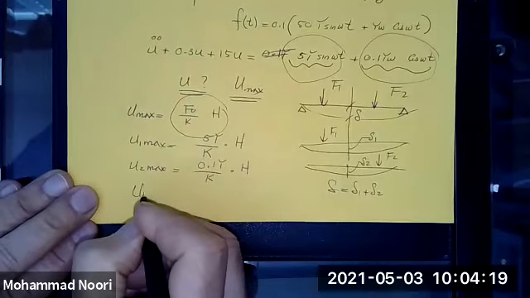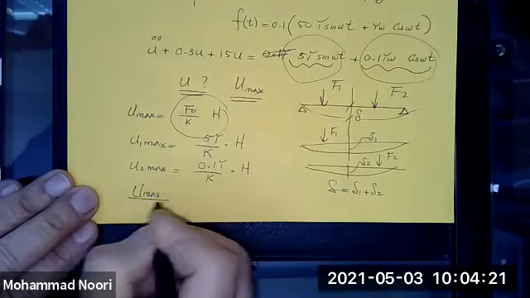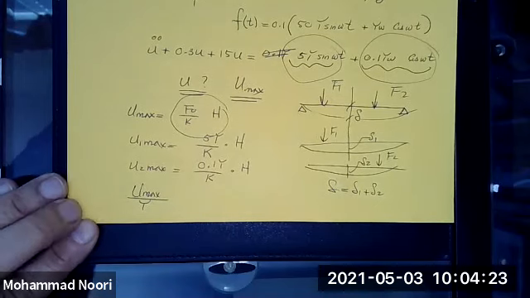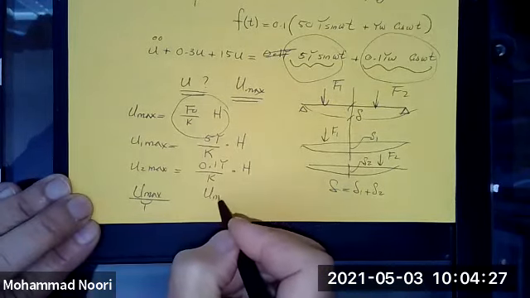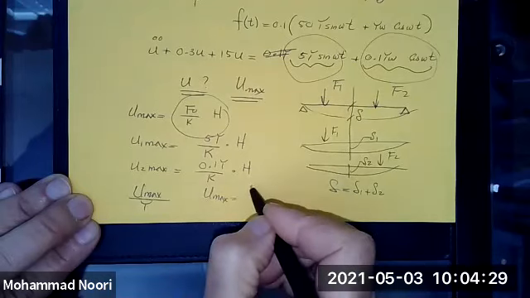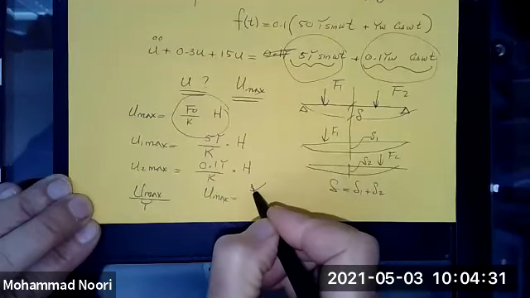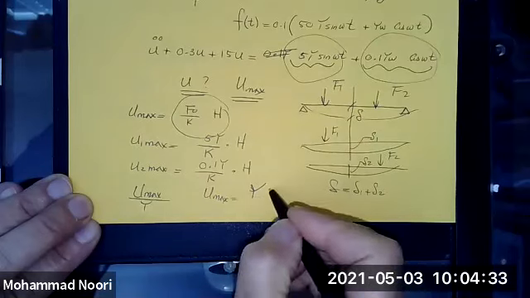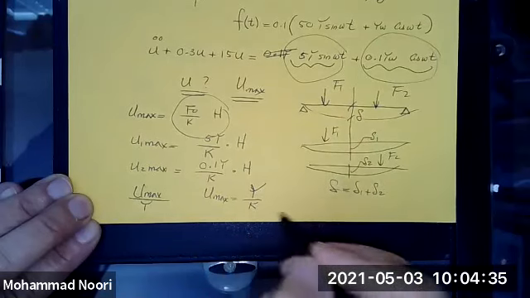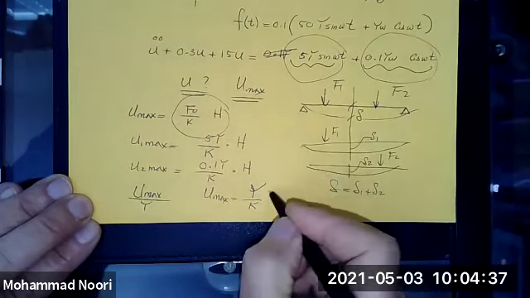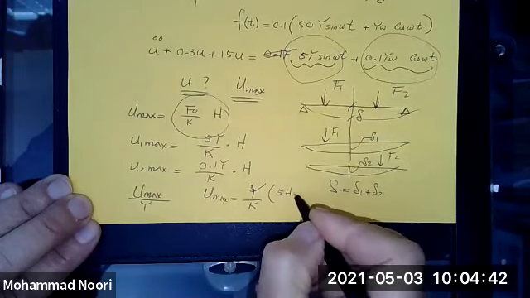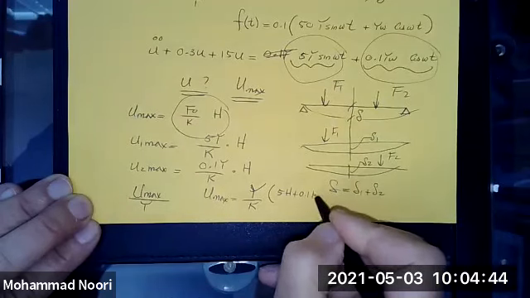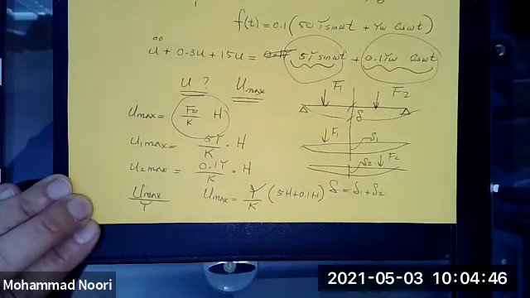The problem is asking you to find U max as a ratio of U max over Y. Okay? U max, I would factor y over K out. So you have 5H plus 0.1H. Okay?